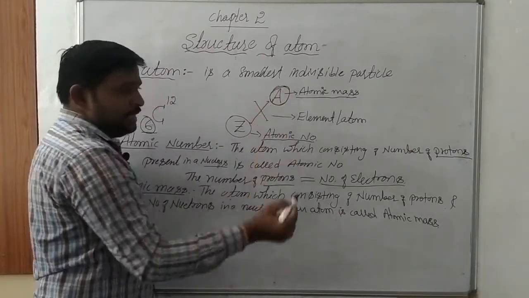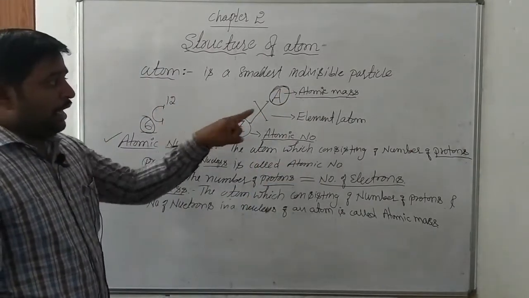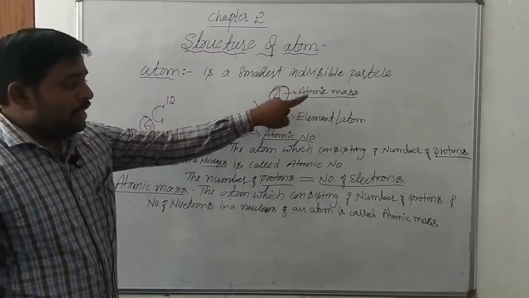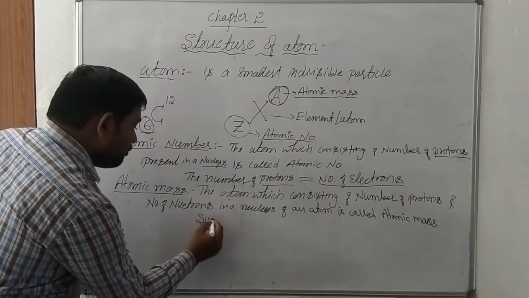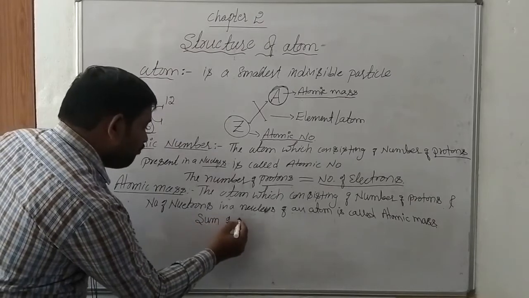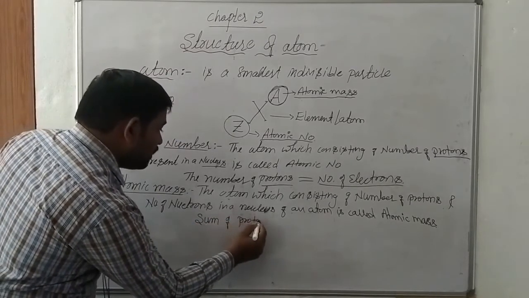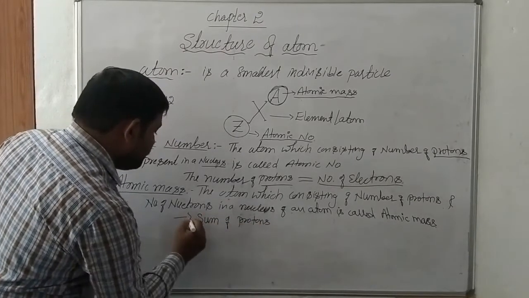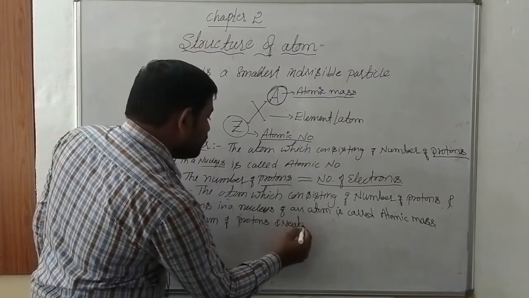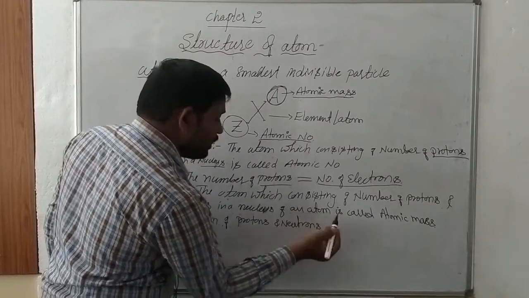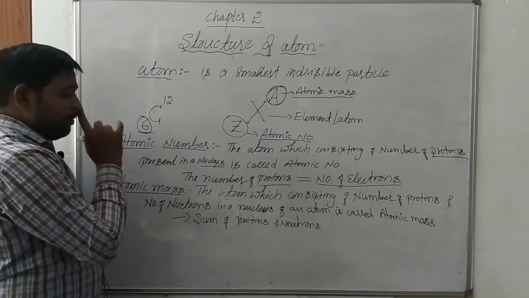Here the atomic mass is represented by capital A. It is the sum of protons and neutrons present in a nucleus.